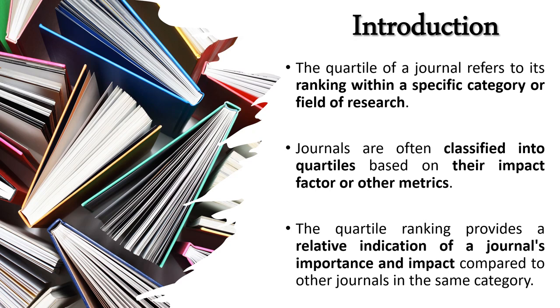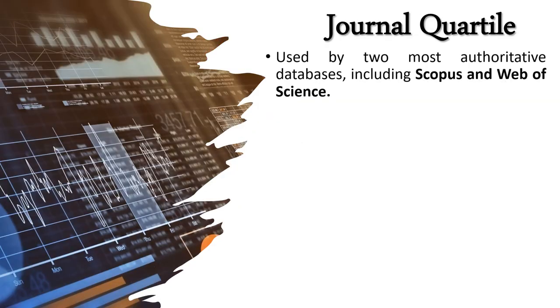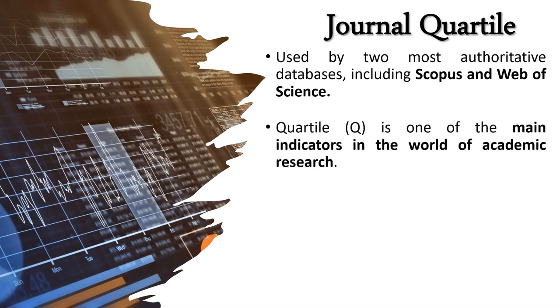The quartile ranking provides a relative indication of a journal's importance and impact compared to the other journals in the same category, which publish papers in the same field. Journal quartiles are used by the two most authoritative databases that we commonly use, Scopus and Web of Science.